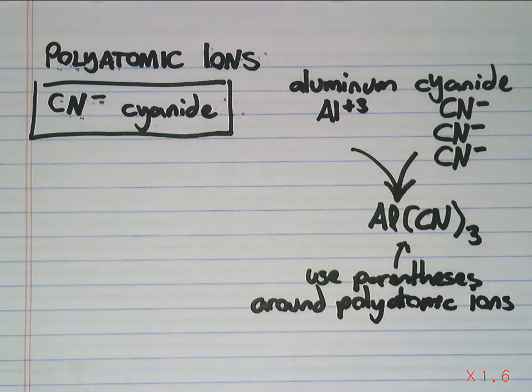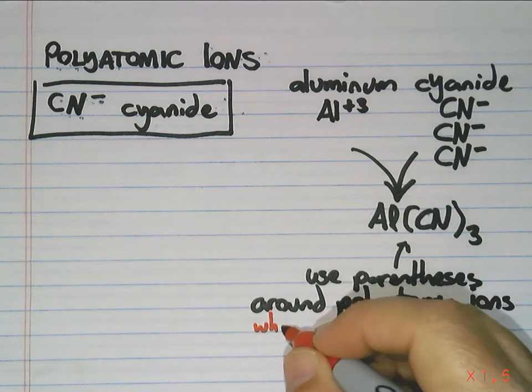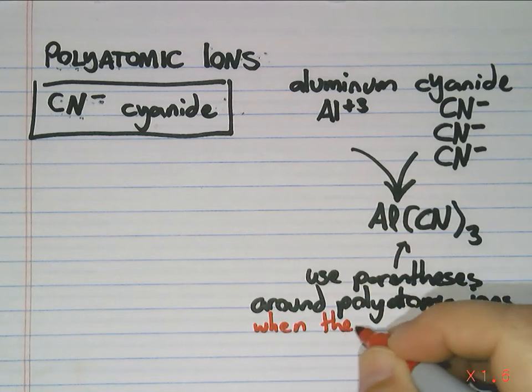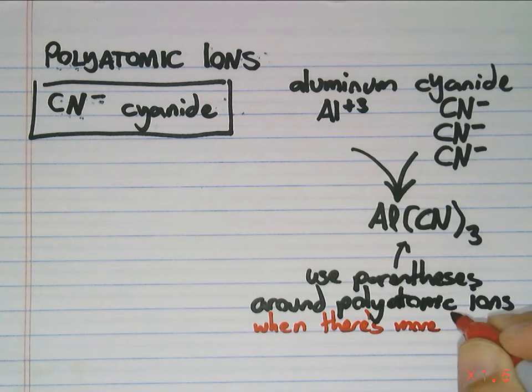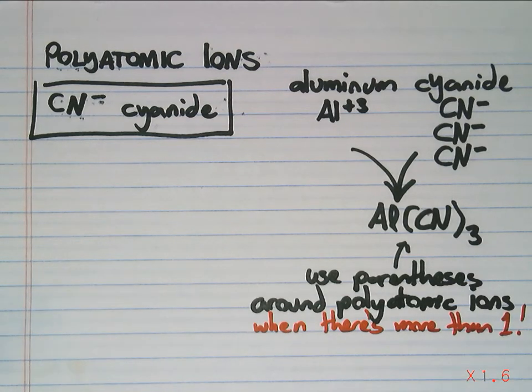Not always, but when there's more than one. So if there's only one, you don't need to put the parentheses around the polyatomic ion formula, but when you have more than one, you're going to use the parentheses.